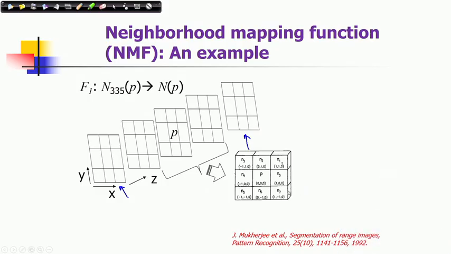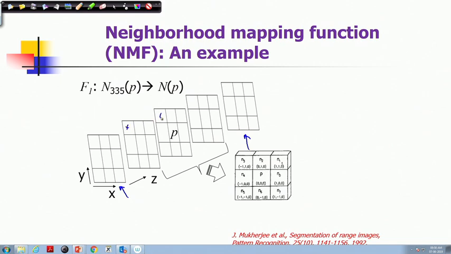First, as you can see, we have mapped all these points to the central cross section of the 3 cross 3 cross 3 neighborhood. If I consider these points, all of them together are mapped to N3.